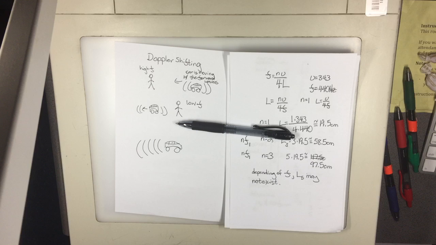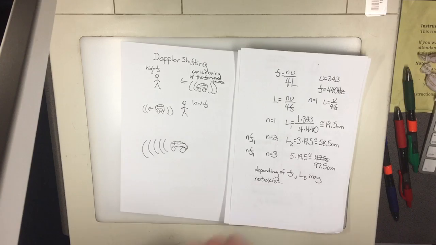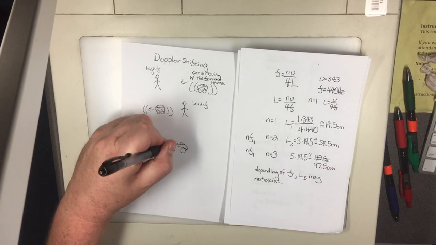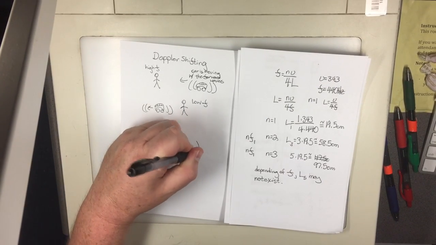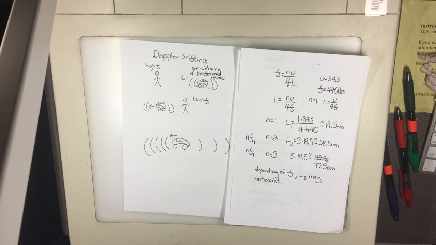But if I'm moving forward and sending sound backwards, I emit a wave, step. That wave has moved back. Now I emit another wave, step. That one moves back too. The waves are further separated behind than they are in front. So you get a bunching up in the front and a spacing out behind.